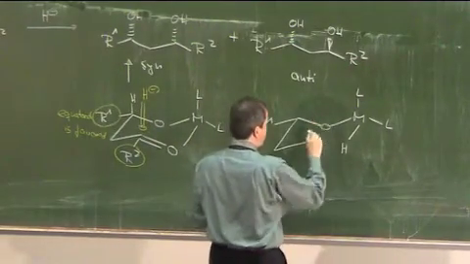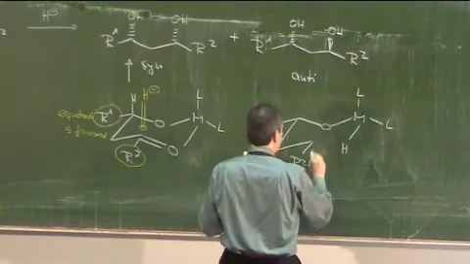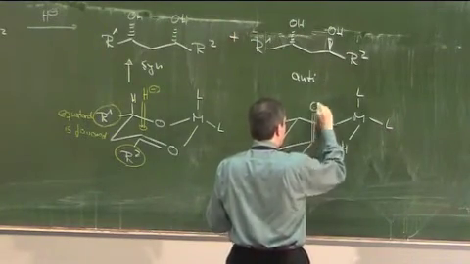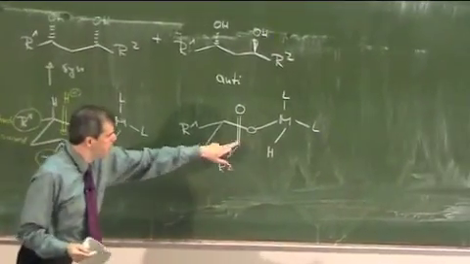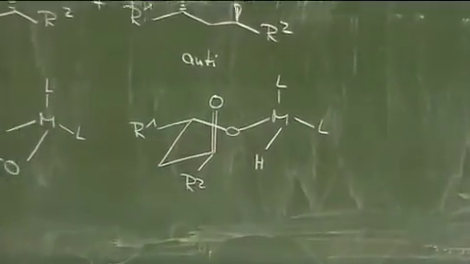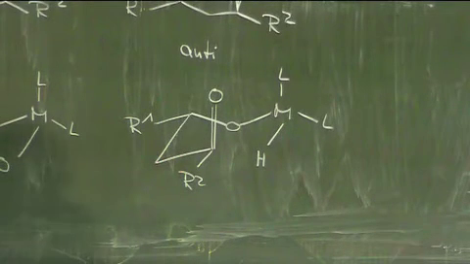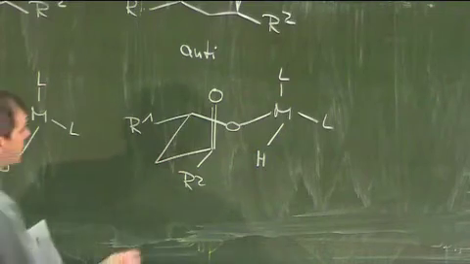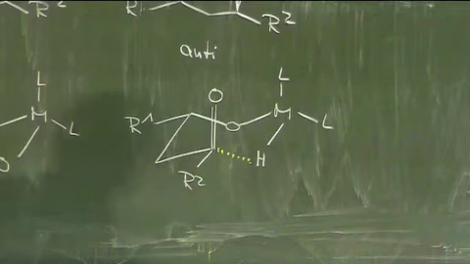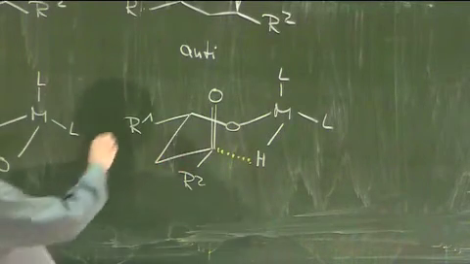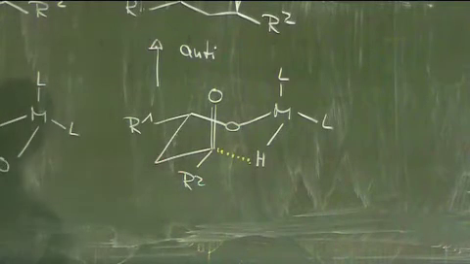Now, if this is the case, and we want to have a chair-type orientation, in order to deliver this, I have to flip the carbonyl group, so that the delivery could come from here. And again, I would like you to convince yourself that this will lead to the anti-product here.